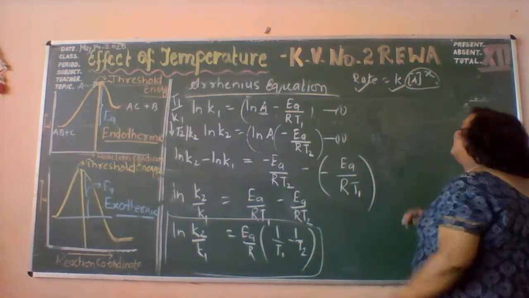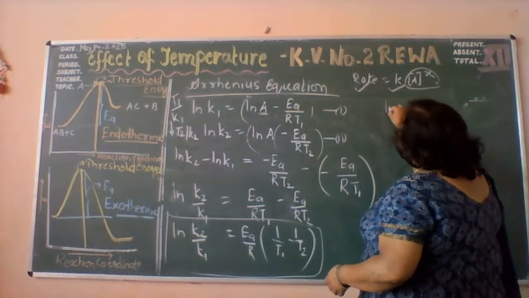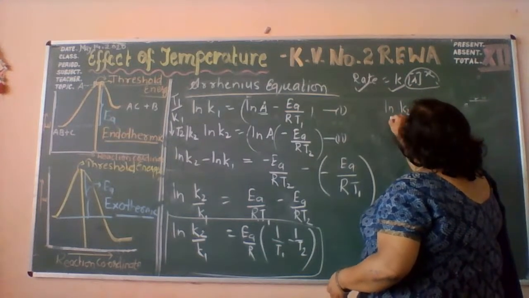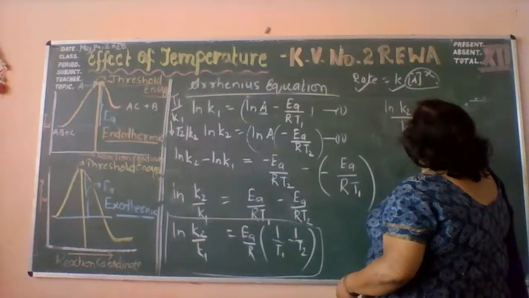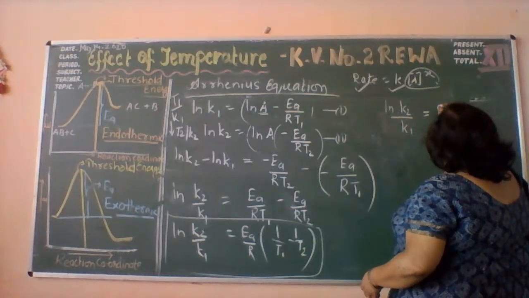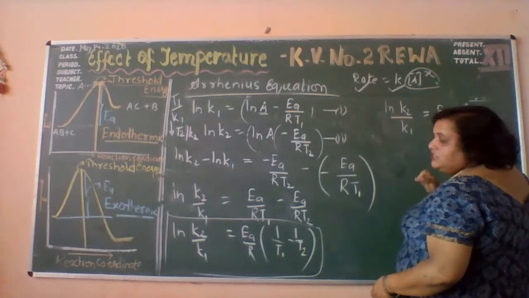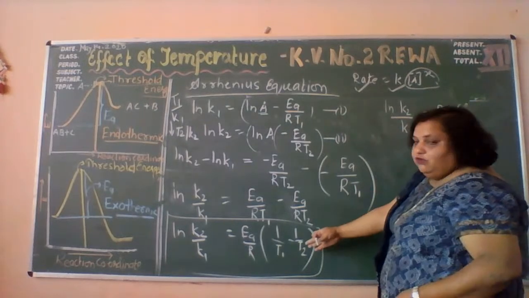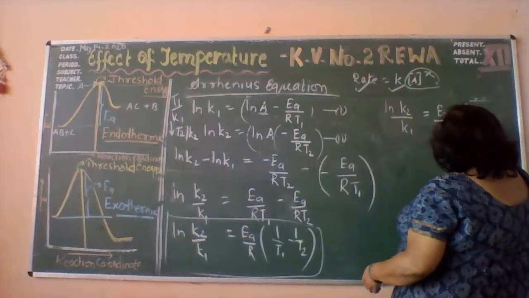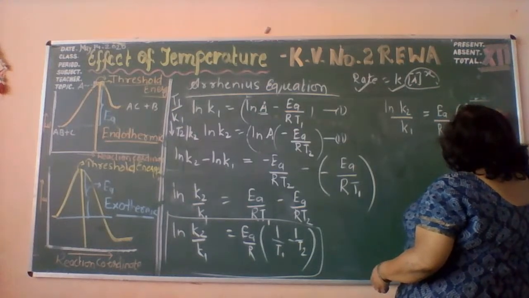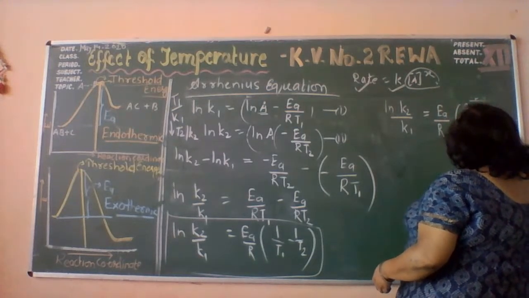That is a simple thing over here. Log K2 upon K1 is equal to EA, energy of activation, upon R, the gas constant. What will be the LCM? T1 into T2. So it is T2 minus T1 upon T1 T2.